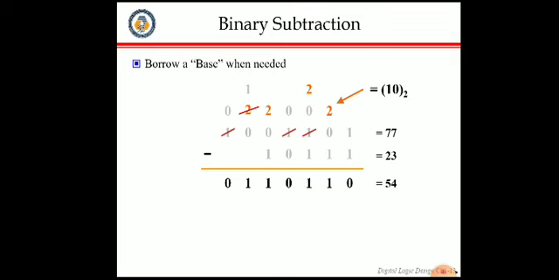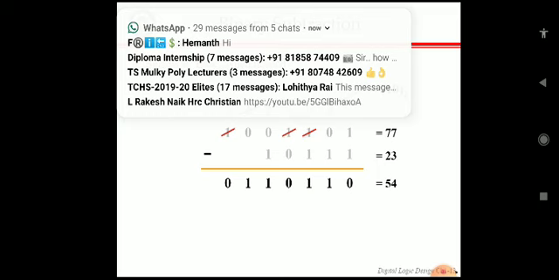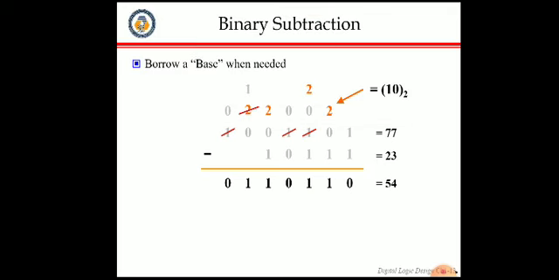So always remember, one important thing I want to emphasize here is, whenever you subtract a higher number from a lower number, that means subtracting 1 from 0, because you can't do, you have to borrow 2.